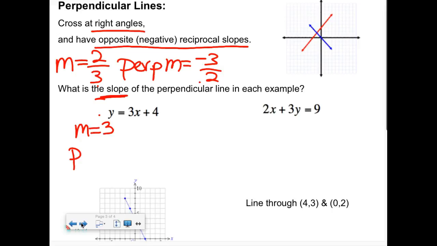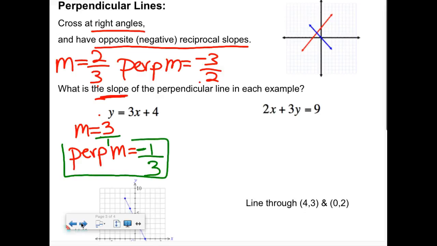So if I'm going to find my perpendicular slope, so my perp slope, this 3, it's theoretically over 1. So when I find the reciprocal of it, that's going to be 1/3. And then because this original slope is starting positive, my perpendicular slope is going to be negative. And that is our answer.